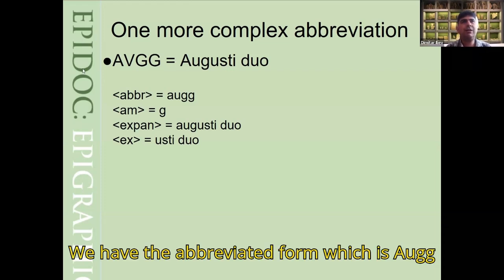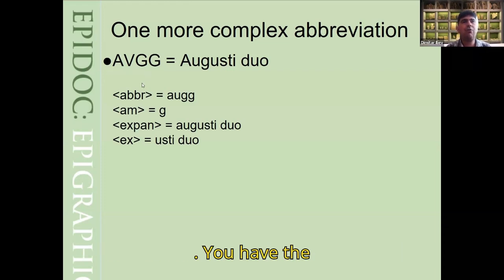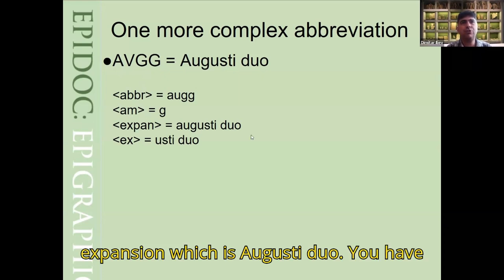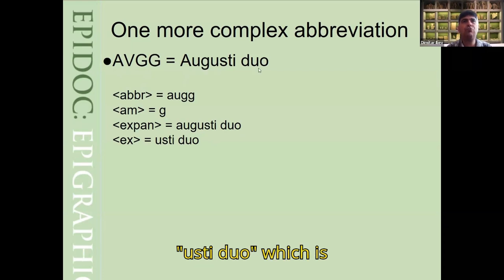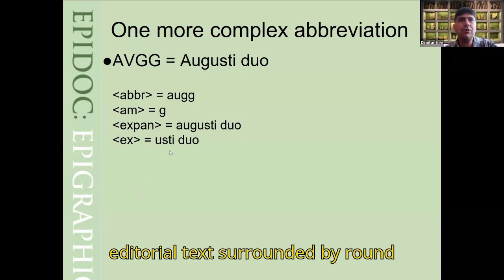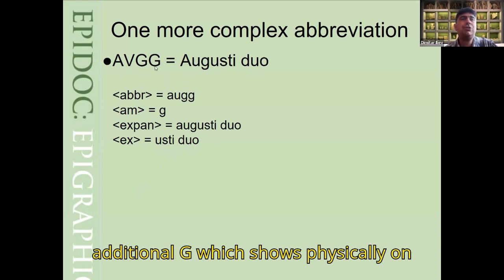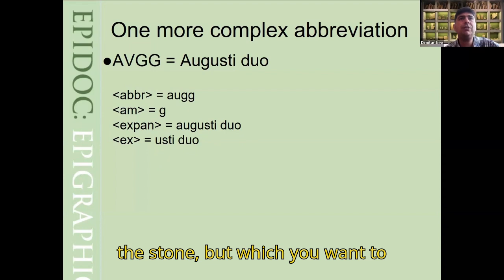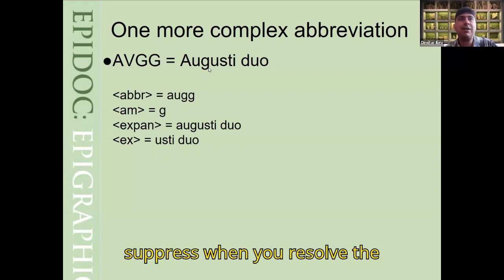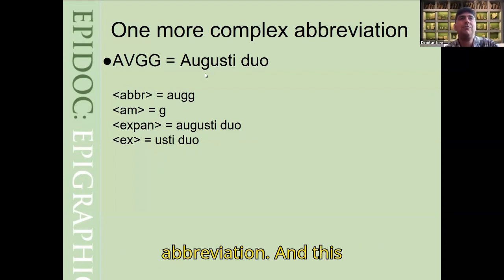We have the abbreviated form, which is Aug, you have the expansion, which is Augusti Duo. You have Usti Duo, which is in your editorial text surrounded by round brackets, but you have an additional G which shows physically on the stone, but which you want to suppress when you resolve the abbreviation.